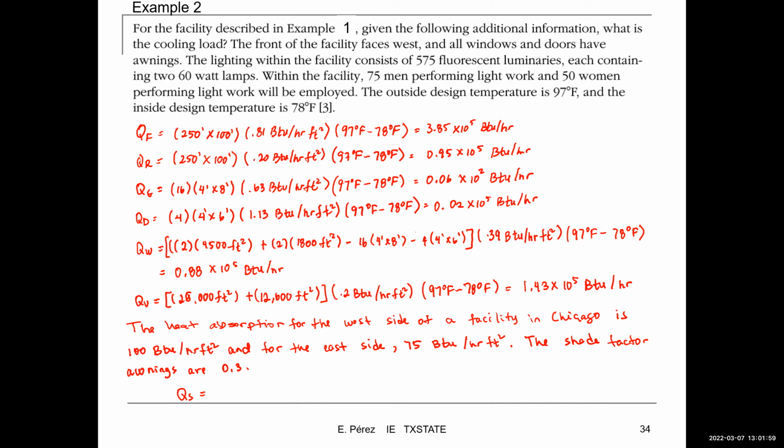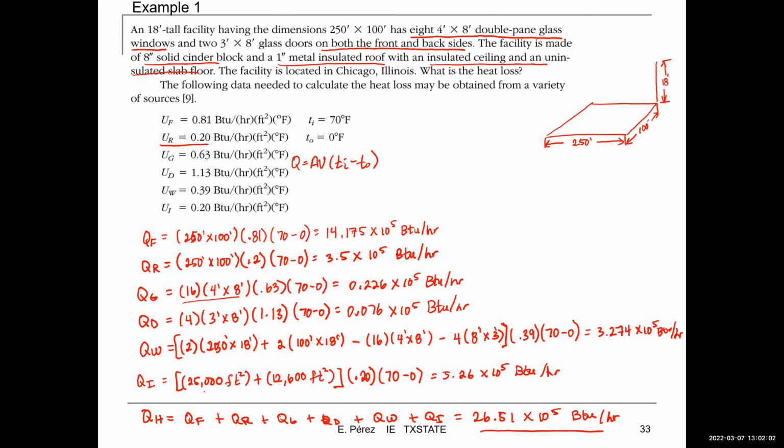So we have 8 4x8 double pane glass windows and 2 3x8 glass doors on both the front and the back sides. So in total we have 16, but we have them located on different sides of the facility.